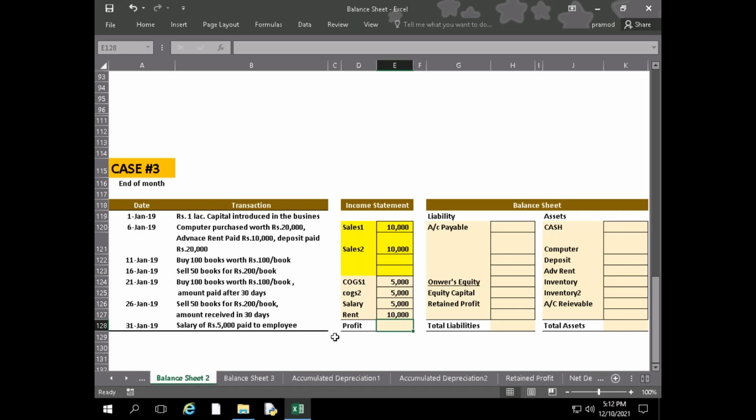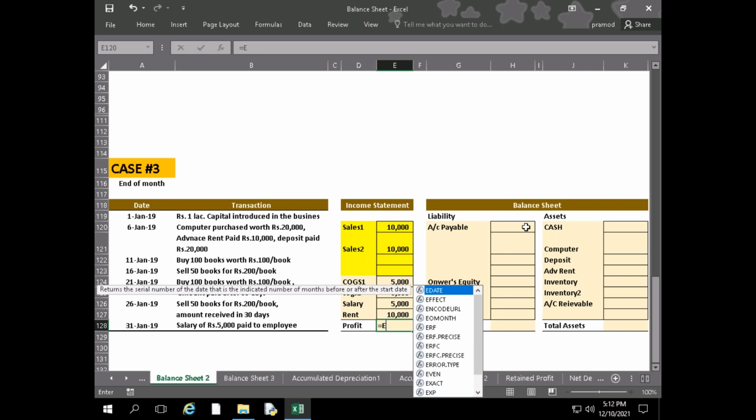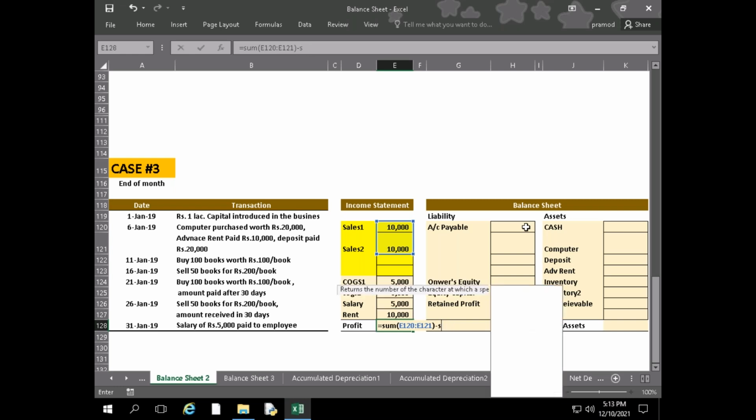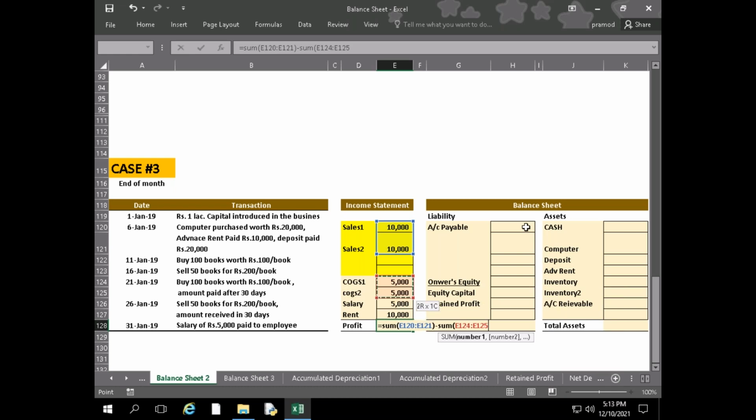So my accounts here, what you need to do now: the revenue, sales 1 and sales 2, sum of these two, minus sum of this, minus this.